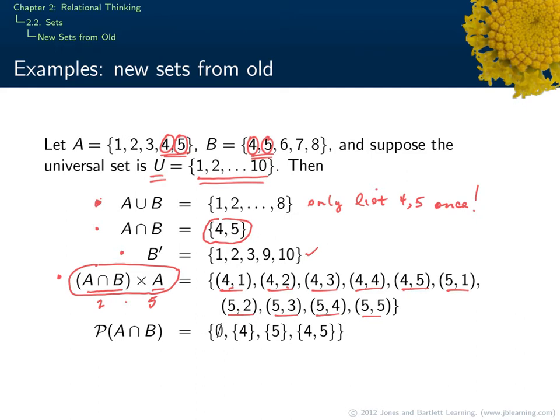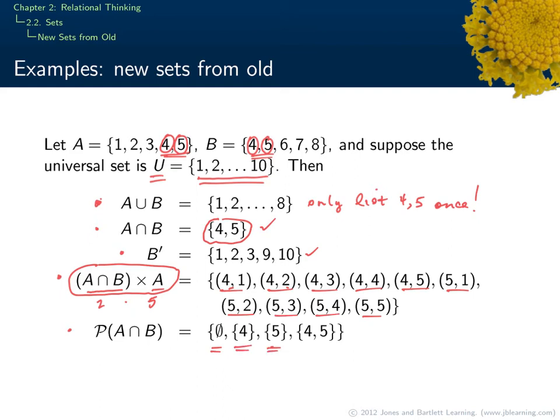Okay, finally we have the power set of A intersect B. So we're going to list all of the subsets of A intersect B. Now remember, if we start from smallest subsets to biggest subsets, the very smallest one is the empty set, so we can't forget it. Then we list the subsets of size 1, namely 4 and 5.